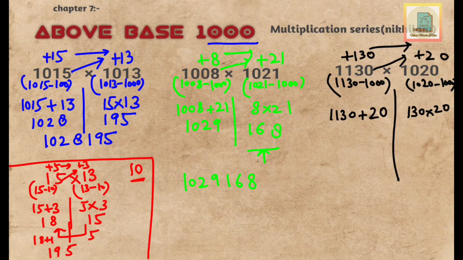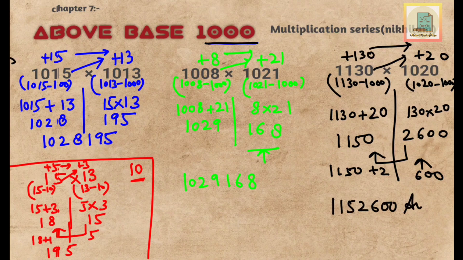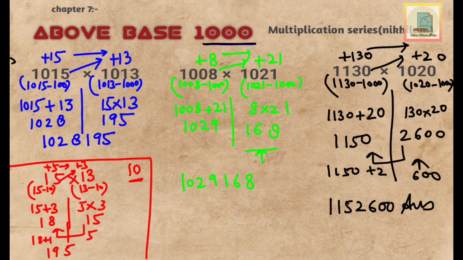In the first partition we get 1150, and in the second partition we can multiply directly, so it will come to 2600. Since the base is 1000, we need 3 digits in the second partition. Here we are getting 4 digits, so this 2 will go and add up over here. So 1150 plus 2, and here we get 600. So here we get 1152600 as the answer. I hope you understood this method well.